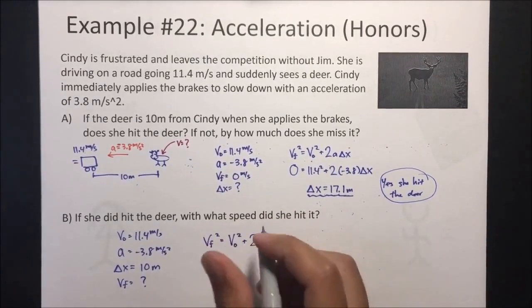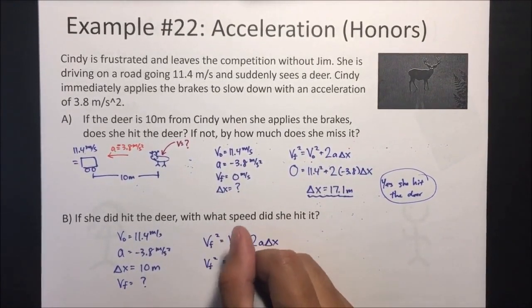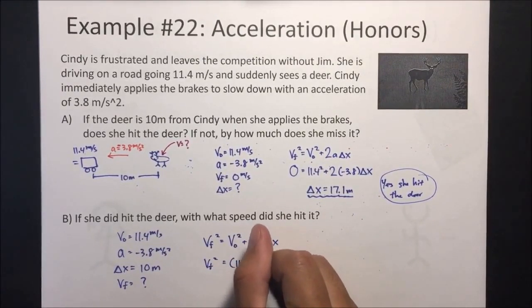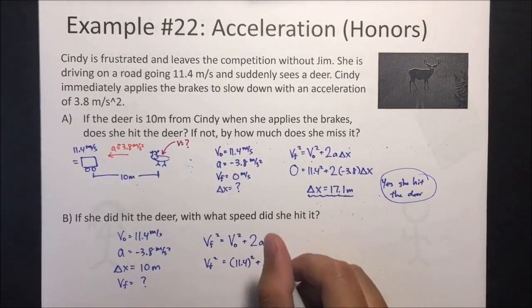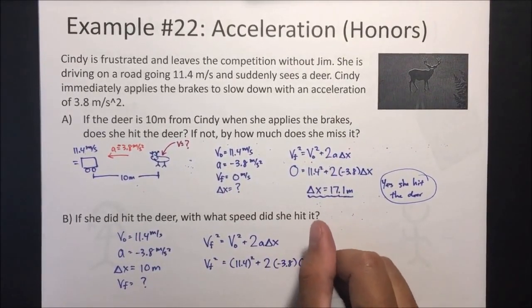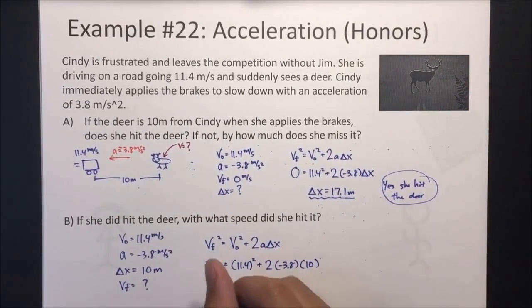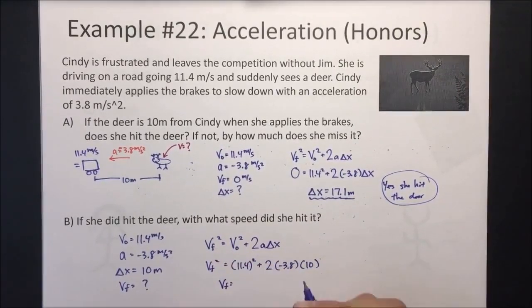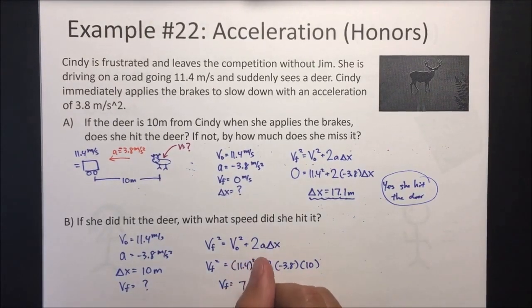Vf squared is equal to V initial squared, which is 11.4 squared, plus 2 times acceleration negative 3.8 times displacement, which is 10. Remember that this is squared, so we're going to have to find the square root of all of this at the end. But we should come up with an answer at the end of 7.35 meters per second.